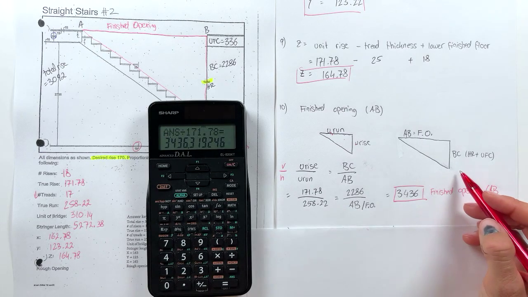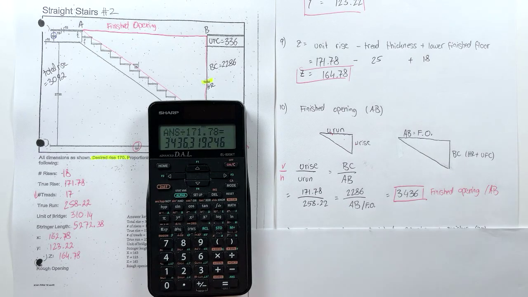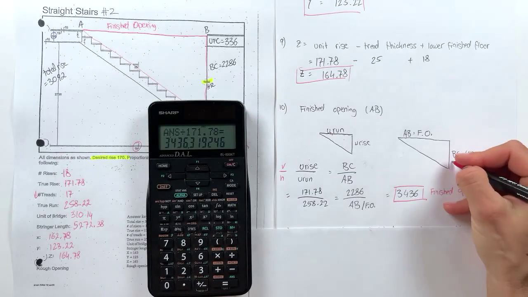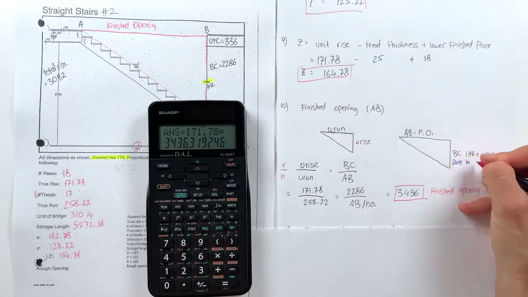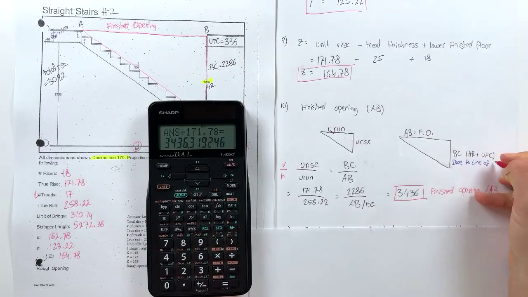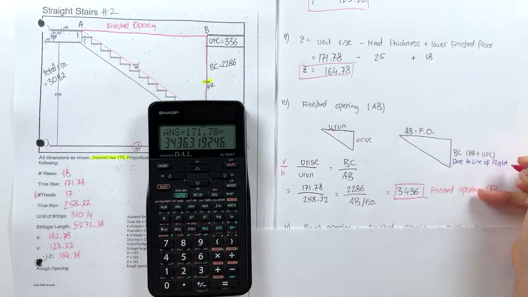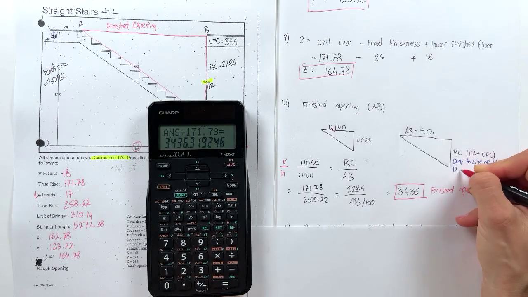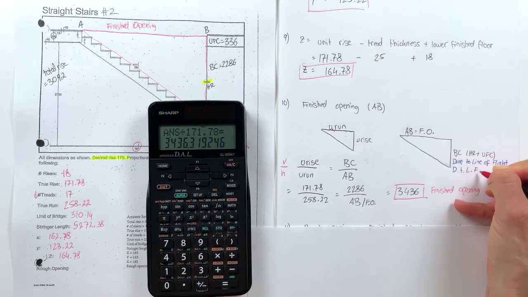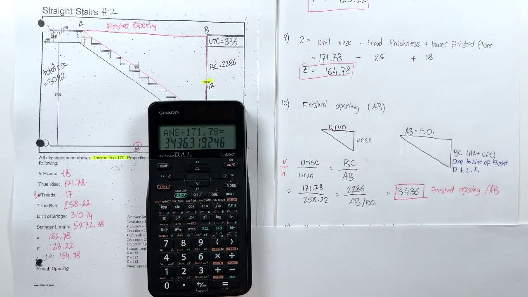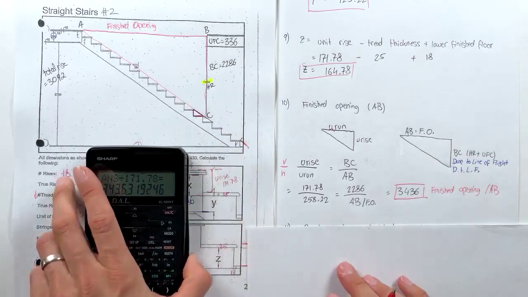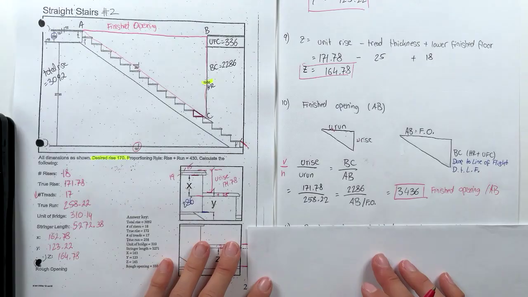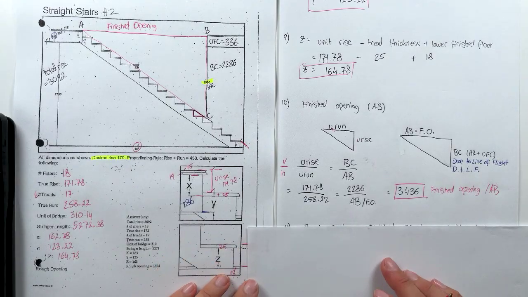And this BC measurement, sometimes people call it drop to line of flight, DTLF. Depends on verbiage, it's all the same, literally. Just different words to what your instructor might use.